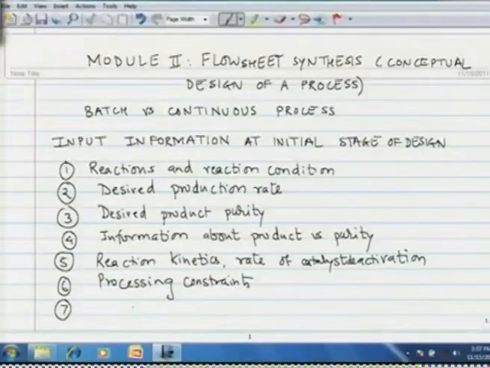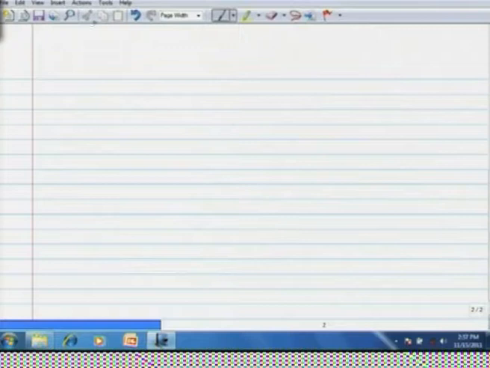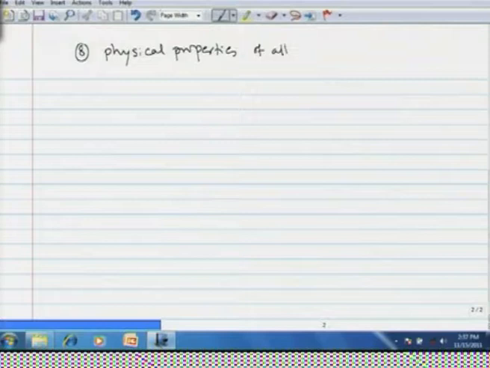The seventh information is the plant and site data. The next is the physical properties of all components. And then the information about safety, toxicity and environmental impact of the material involved in the process.